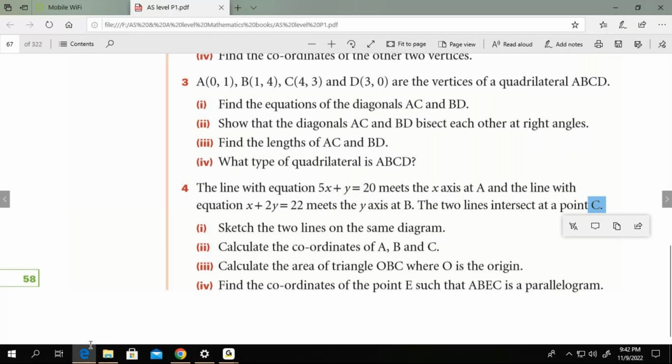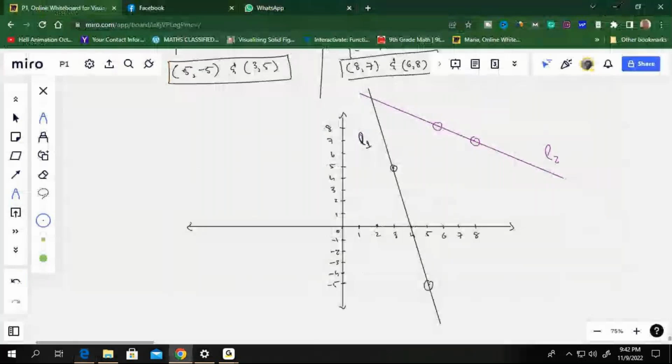Calculate the coordinates of A, B, and C. Now you can see that the first line intersects the x-axis, and that was point A. This is my first line. It is intersecting the x-axis here. This is my A, and I see that it is giving me coordinates 4, 0. And this line is going to intersect the y-axis, so I need to extend my y.